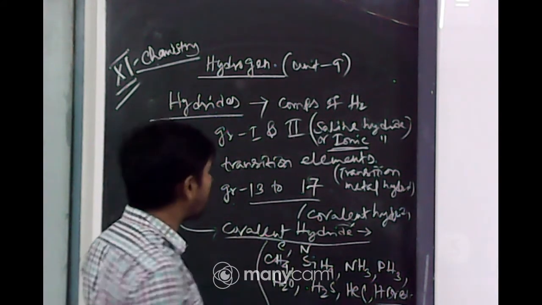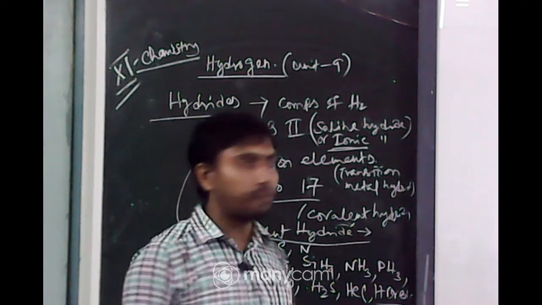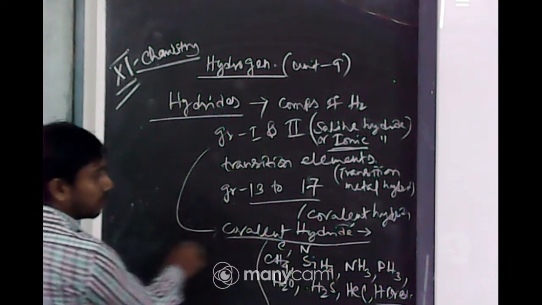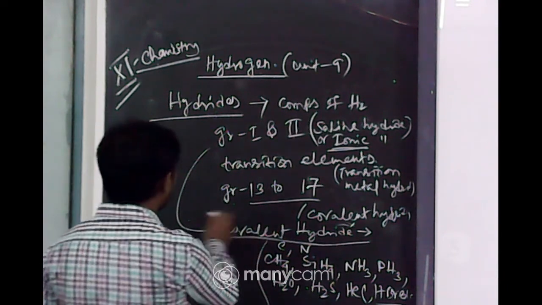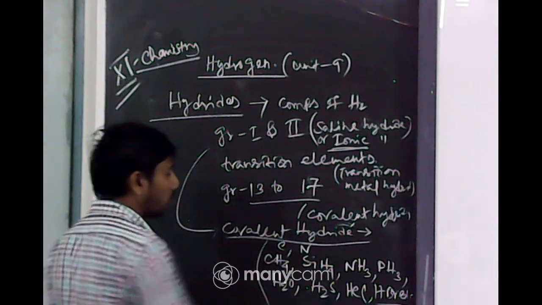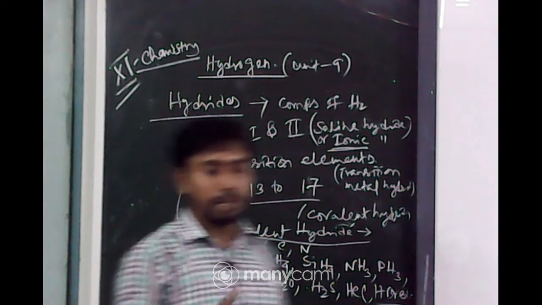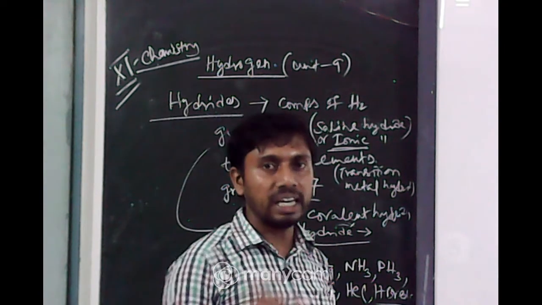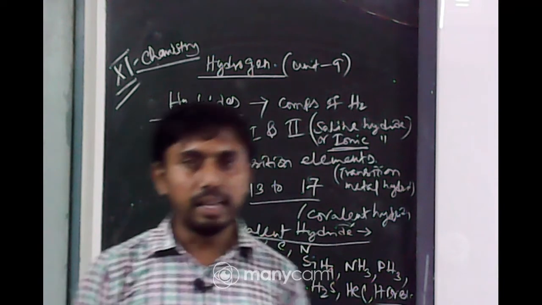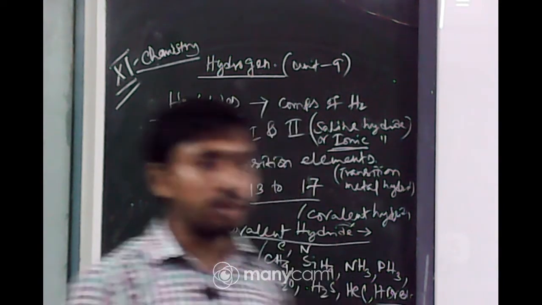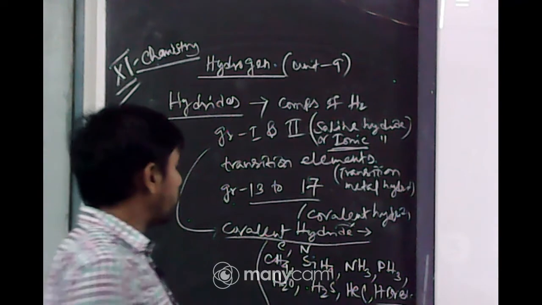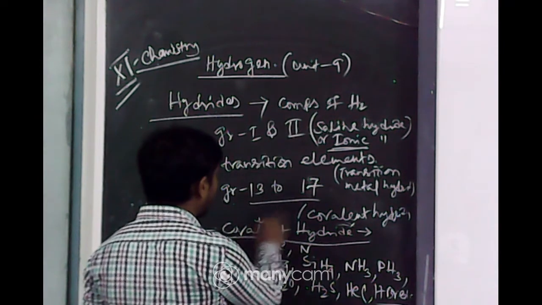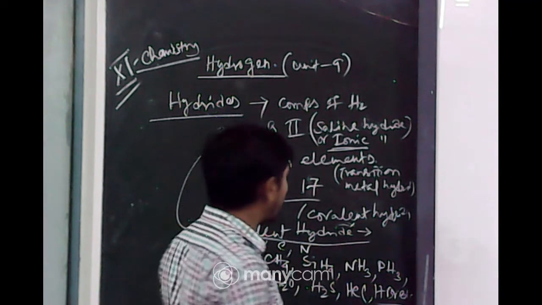What is a covalent bond? That is the sharing of electrons. If we follow the electronic configuration of hydrogen and also chlorine, then you can see that if both the species donate one electron in common, making a bond pair, then there would be a covalent bond and the octet will be fulfilled. So for this reason these are called covalent hydrides, as they are formed by covalent bond formation.